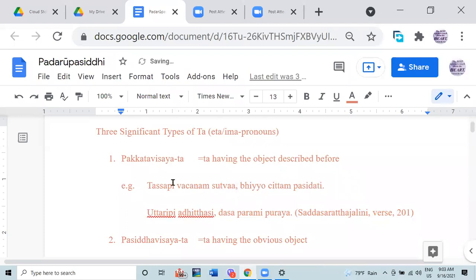Tasabi vajanan saudawa. Bayo chaitan pasidati. Uttaripi adatasi. Dasa parami puraya.